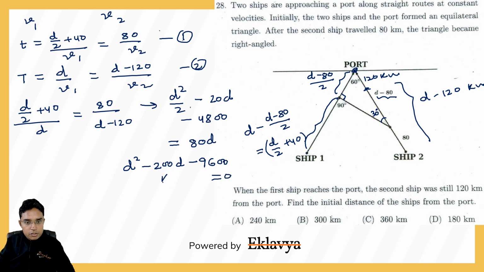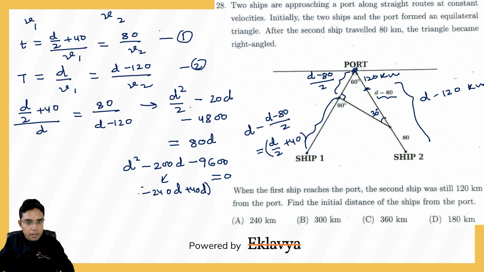I think we can split it like minus 9600: minus 160d and 40d, just 1 minute, it is not like this, I think 240, yes, minus 240d and plus 40d.